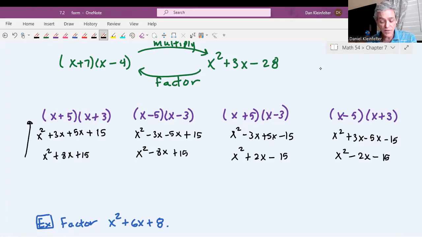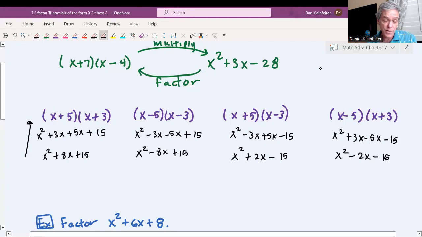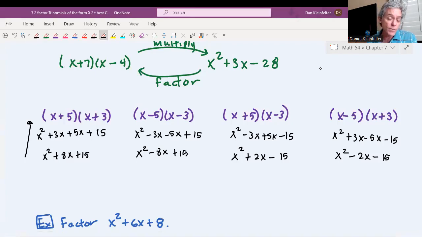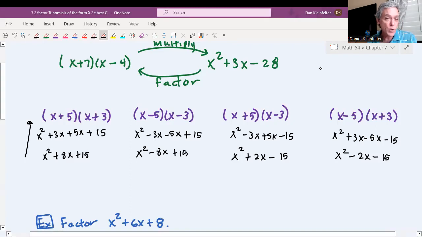So here 3 times 5 gives 15, and so that's no surprise. It's the product of the lasts. That is, if you're using FOIL, you can think of those second numbers 5 and 3 as the last. So 5 times 3, 15, which is why we're getting either 15 or negative 15. And we know from beginning algebra or arithmetic, when you multiply together 2 positive numbers, you get a positive answer.